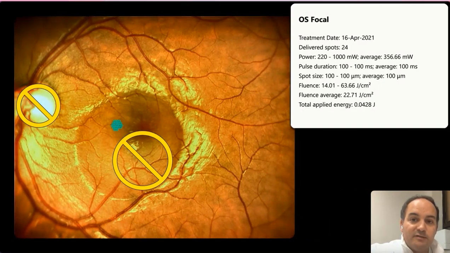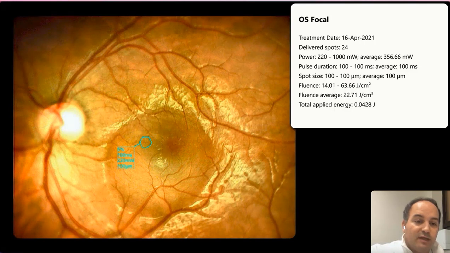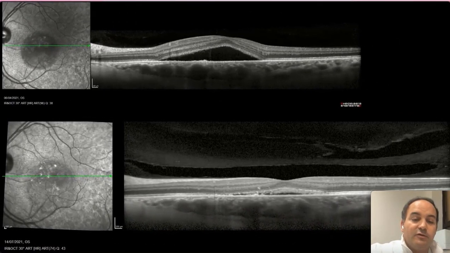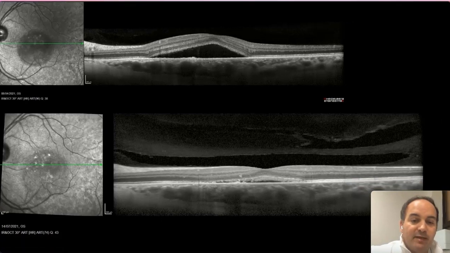These are the spots. This is the power, pulse, and spot size, and this is how you get the report for the next time, for instance, if you need to repeat it, or you need to know what you have done. Okay, this is the 4 months follow-up visit for this patient, so it did really better.